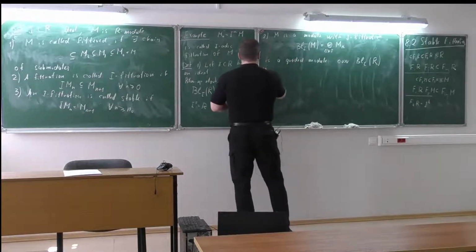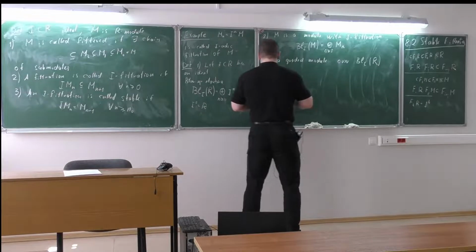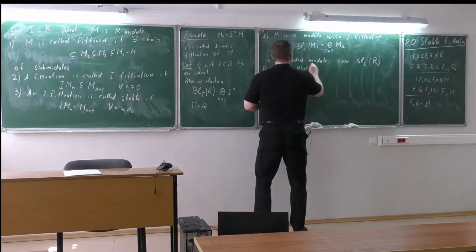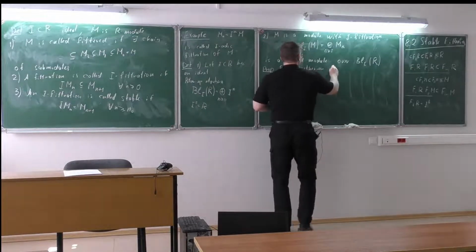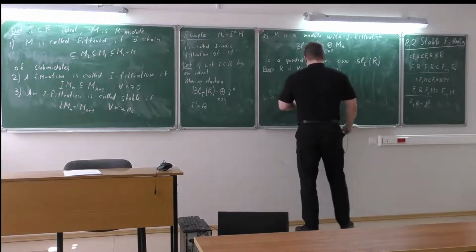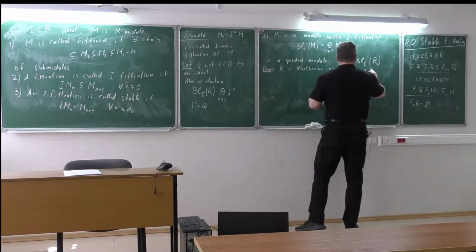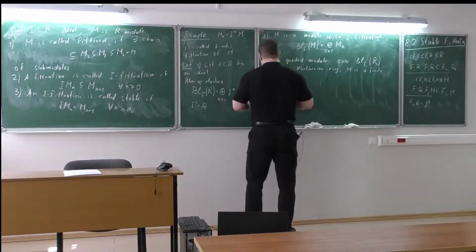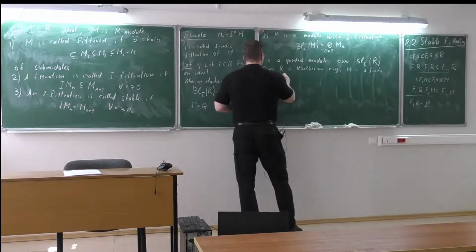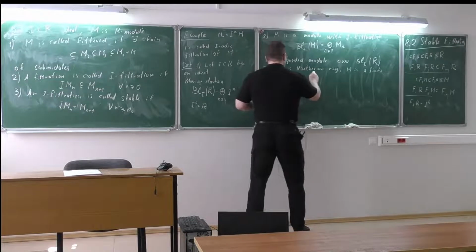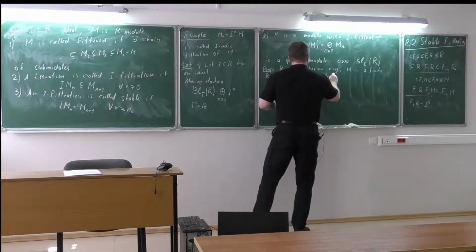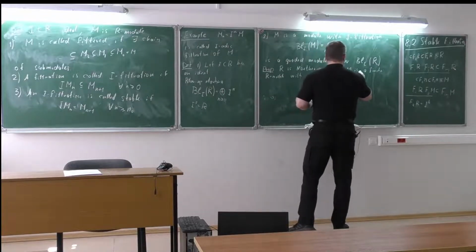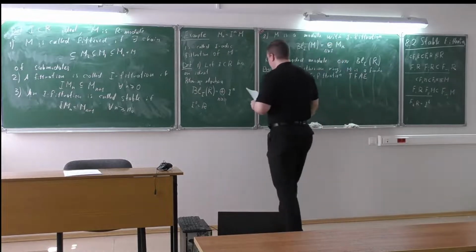Okay, proposition. R is a Noetherian ring. M is a finite R-module with an I-filtration. Then the following are equivalent, and they have two conditions.